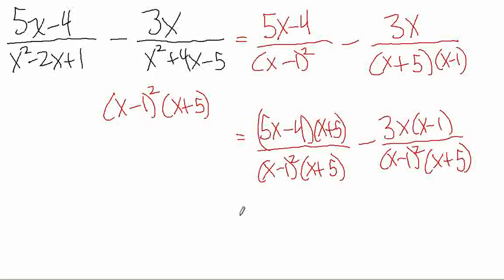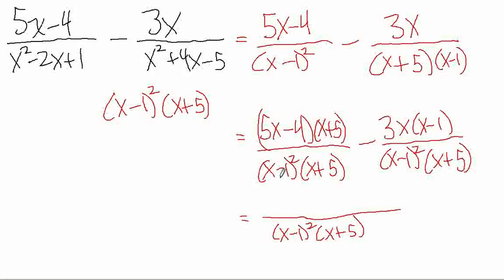I've said that that's not necessary, and I'm going to take advantage of that because it's going to be a little more work than I want to do right now for this one. So let me keep the denominator the same.